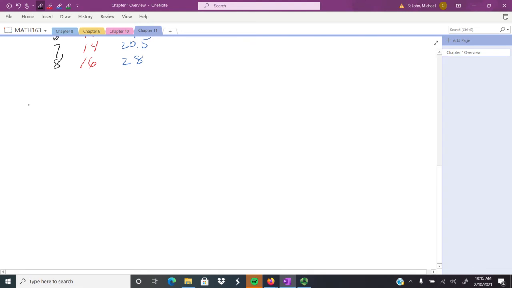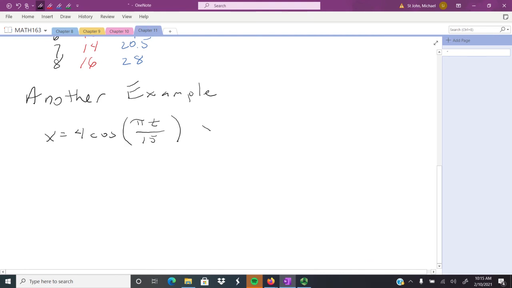So another example. We could have one like this. x equals 4 cosine pi t over 15, and y equals 4 sine pi t over 15.